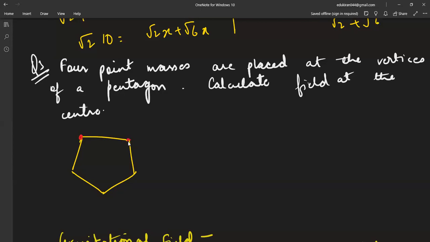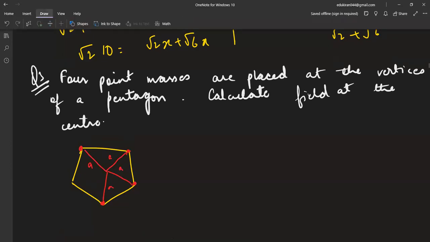This is one, this is second, this is third, this is fourth. Now, because of these four, you have to tell the intensity at the center. All these are separated by the separation A.